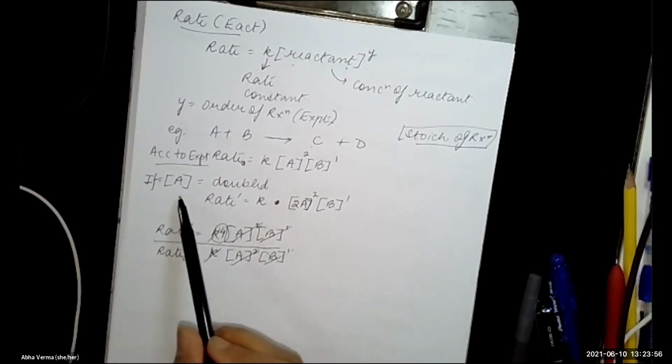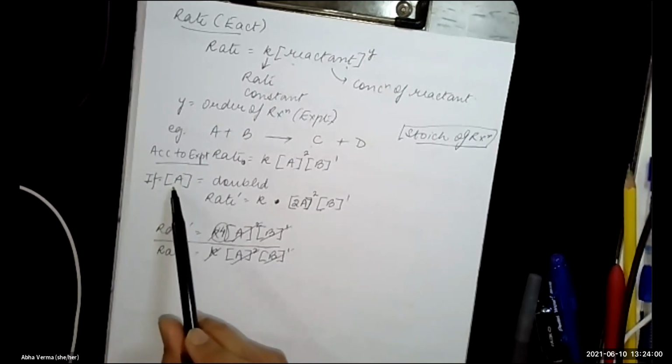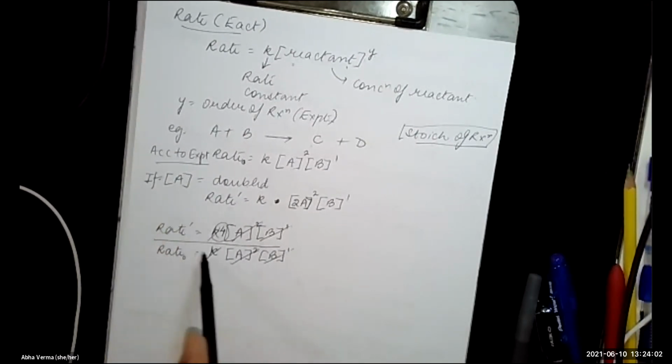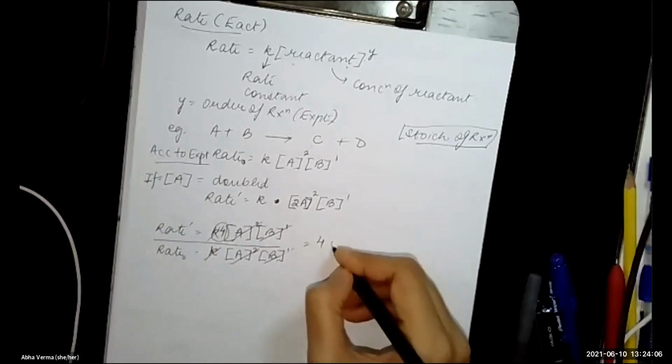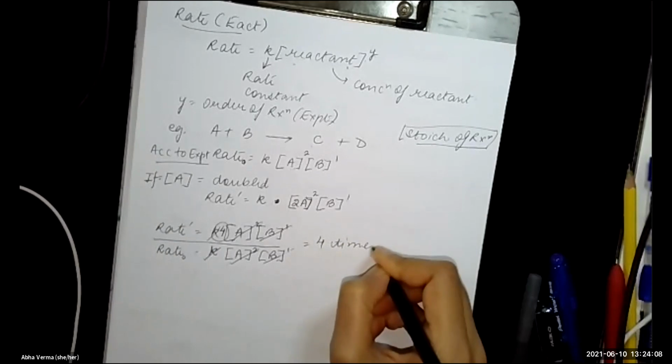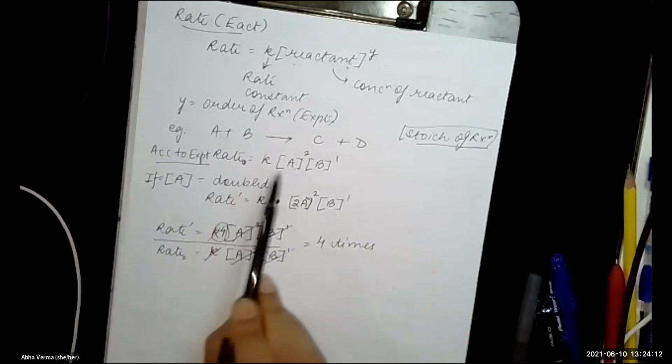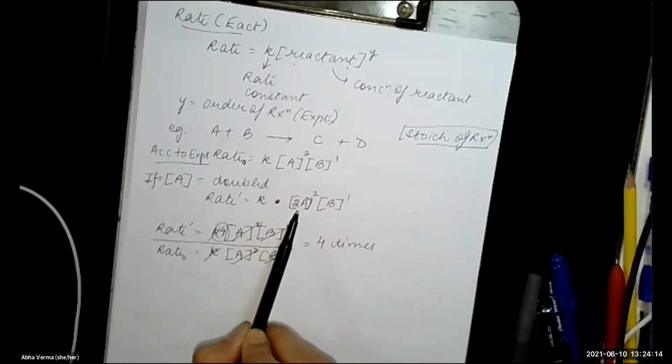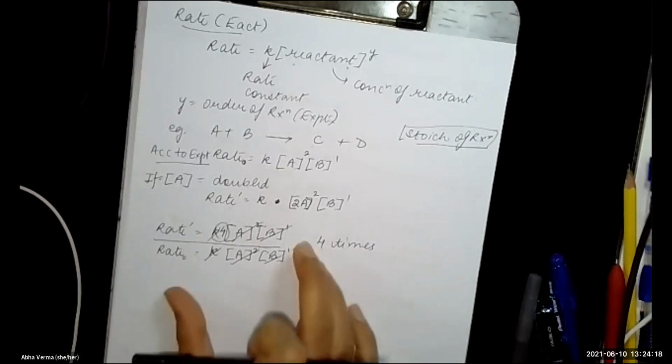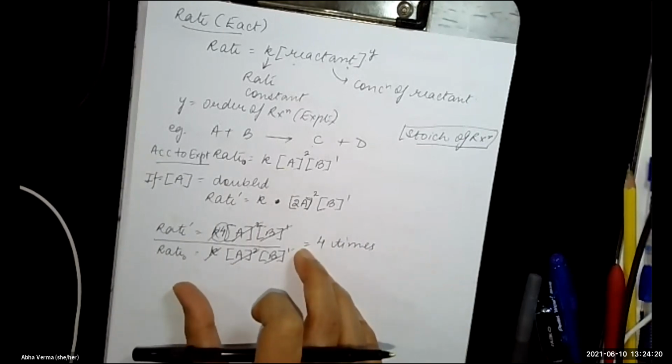What has the effect of doubling my concentration of A do to my rate? It will make it 4 times. It will increase the rate 4 times when I will double my concentration. Any questions so far?